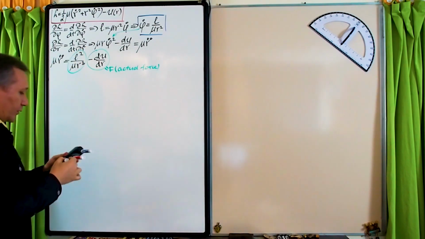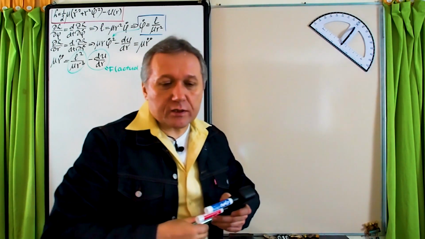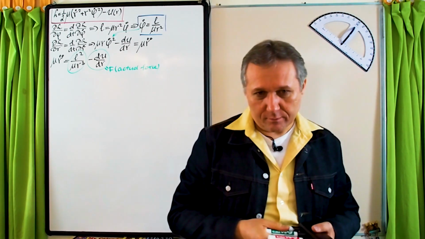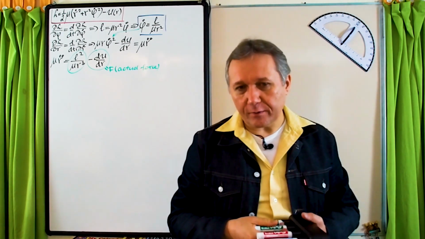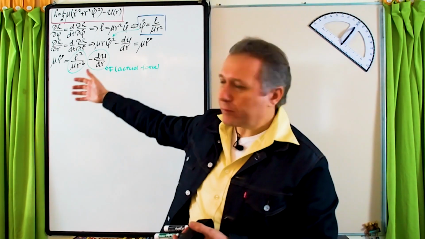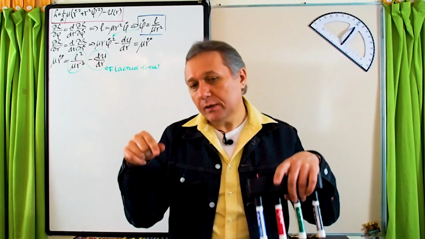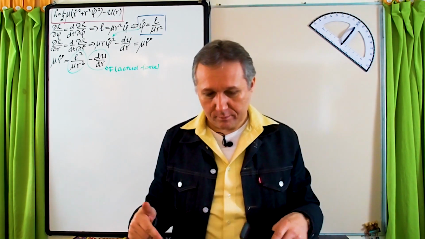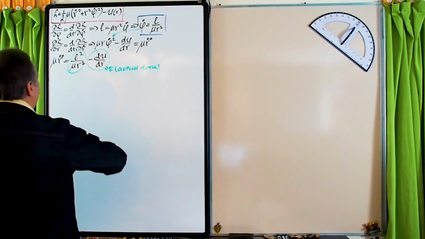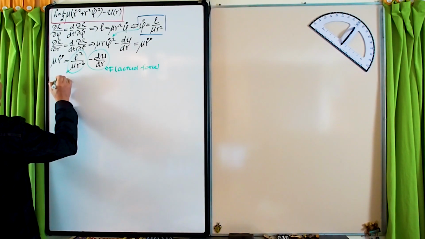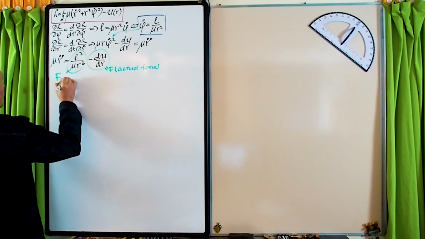The first term we can call the centrifugal force. But of course, it's kind of a fake force, because what is really inside of that is a hidden motion in the phi direction, right? Okay, so let's call it centrifugal force, F sub CF.